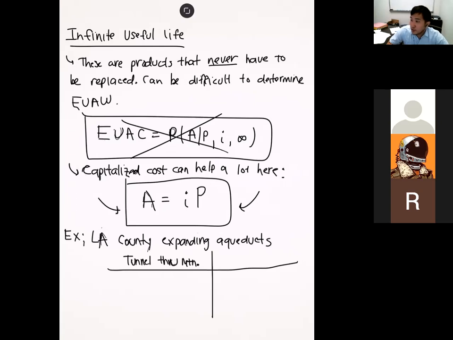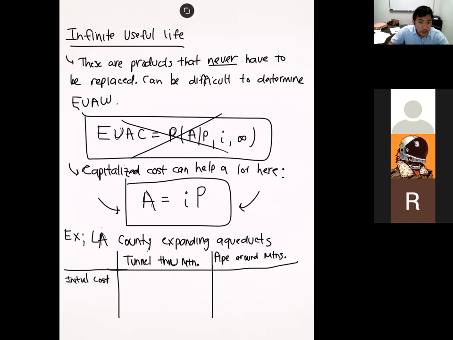The other one is to build a pipe that goes around the mountains. Both of these have a certain initial cost, and that's going to be the first row in our table.